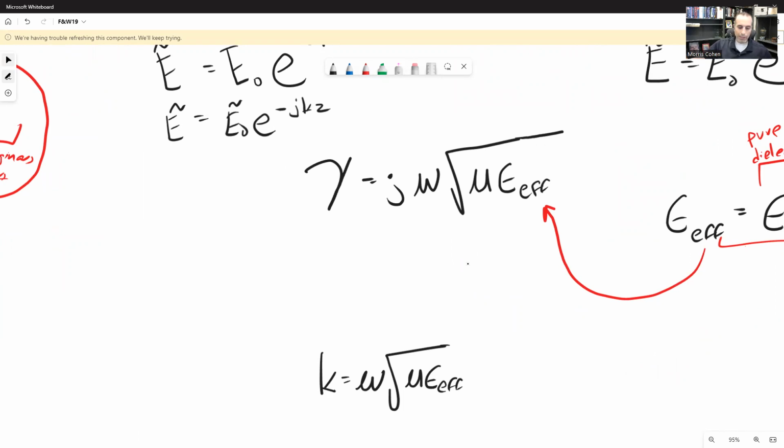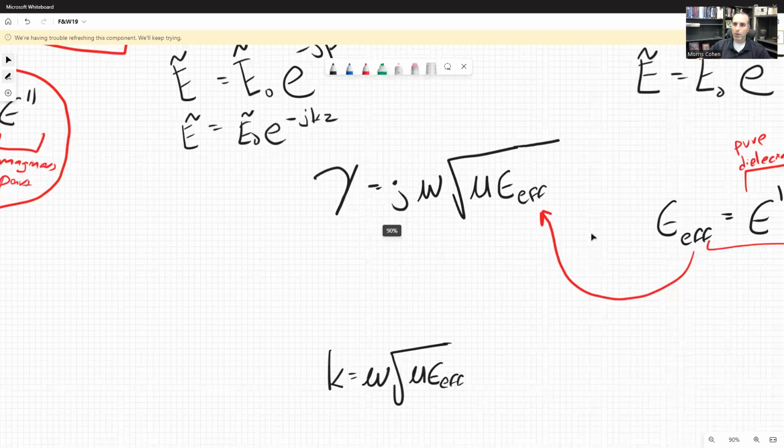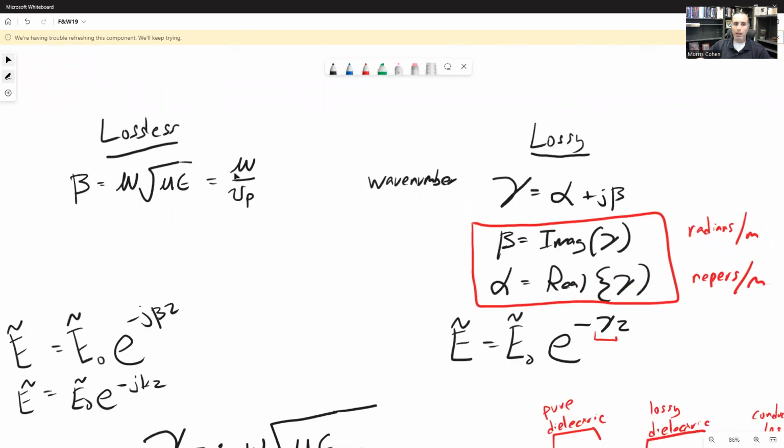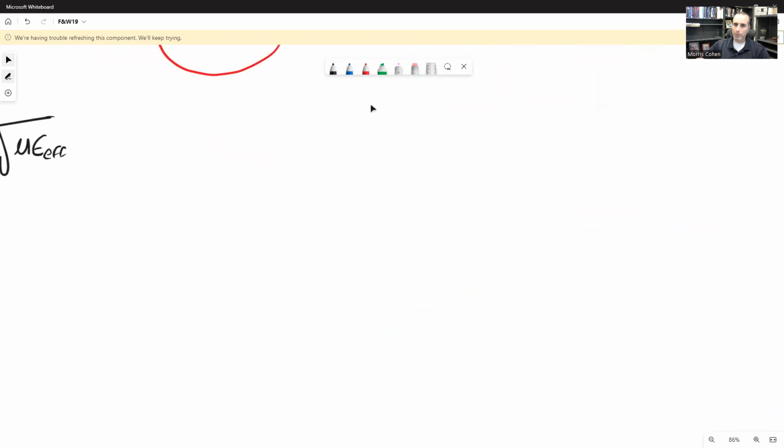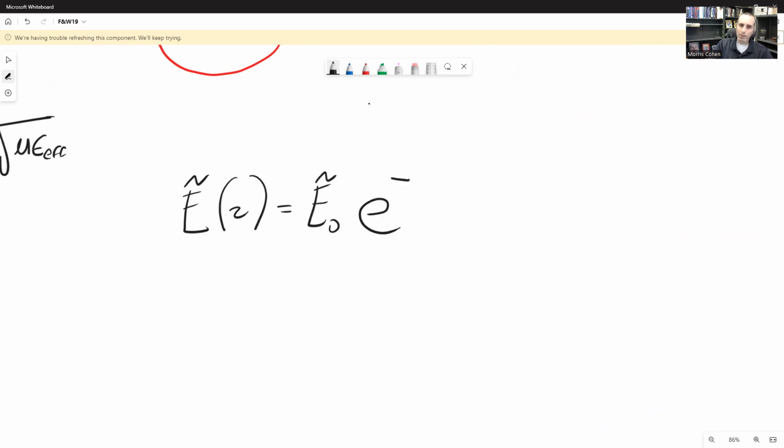All right. Now in the notes, I have a direct side-by-side comparison showing exactly how the lossless and lossy cases correspond to each other. It's basically this comparison that I have here, but much more. But let me just emphasize that once we have this formulation, where the electric field phasor as a function of z is the electric field phasor at the origin times e to the minus gamma z, we can decompose gamma into the real and imaginary parts like this.